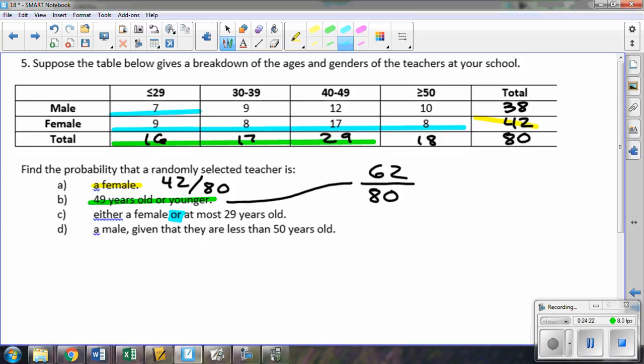Each of these in the teal are successes. So add them all up. How many total successes are there? We have 49 of them, so we'll take 49 successes out of the 80 teachers.